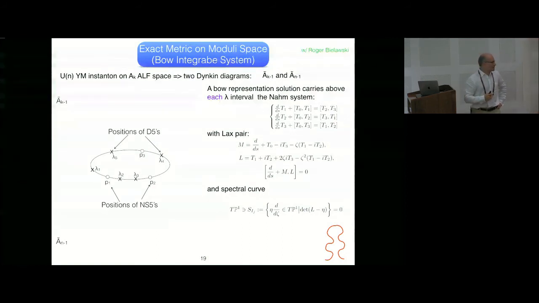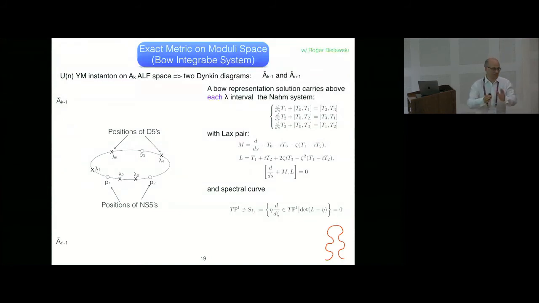So there is an integrable system associated with each bow. Also, if you look at U(N) instantons on AK ALF space, then the bow combines two Dynkin diagrams, one associated to the gauge group and the other associated to the underlying space.